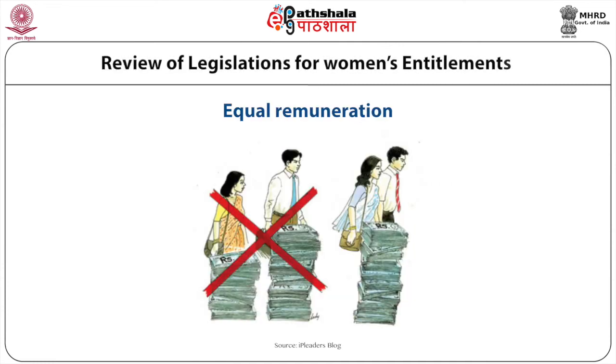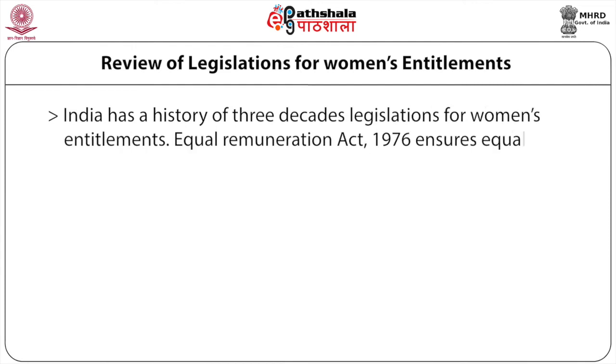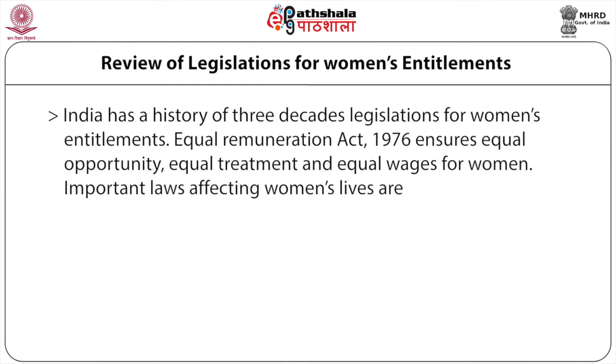If we review the legislations for women's entitlement, what we see is that India has a history of three decades of legislations for women's entitlement, starting with the Equal Remuneration Act in 1976, which ensures women's equal opportunity, equal treatment and equal wages.